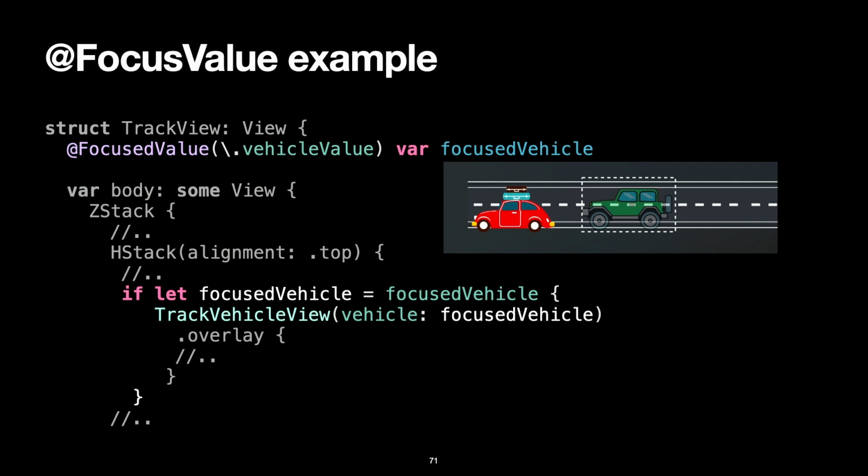But the important thing to note here is that this approach ensures that if this value is nil, this view will be hidden, and that is exactly why we used if let, right? So it won't be rendered; it would be hidden when that particular variable is nil.